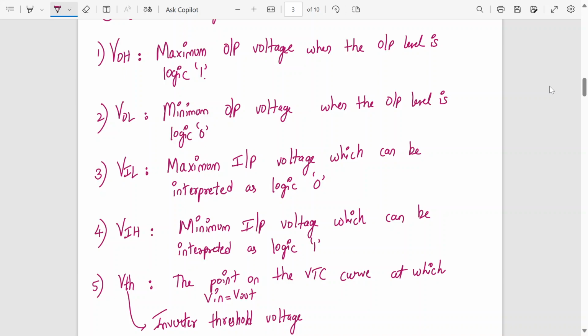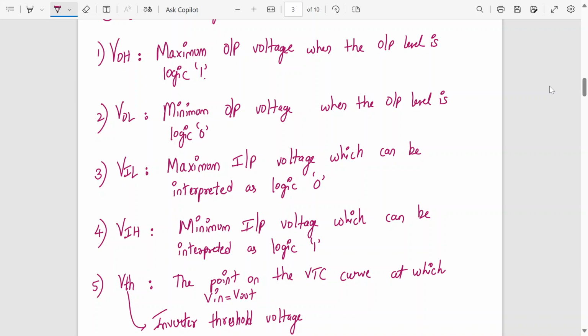Okay? These definitions imply that logic levels in digital circuits are not quantized voltage levels, but are represented by voltage ranges. What do we know previously in digital logic? That logic 1 is a value, right?